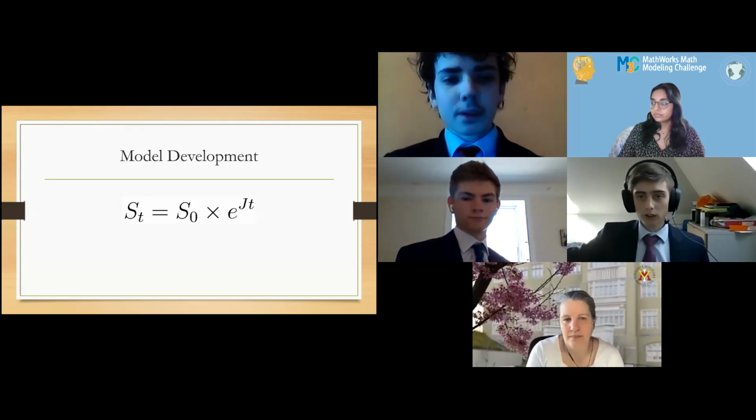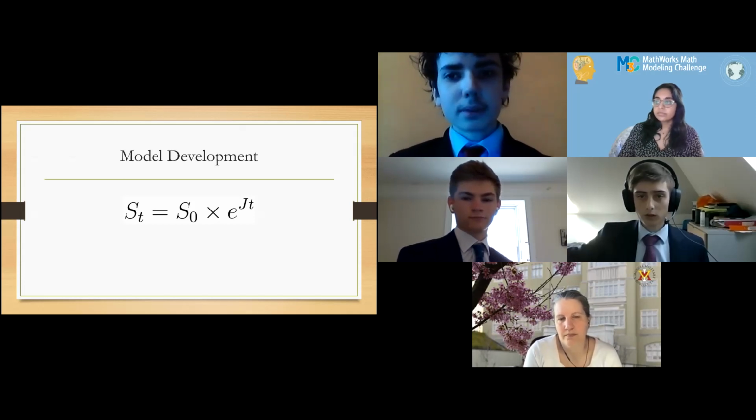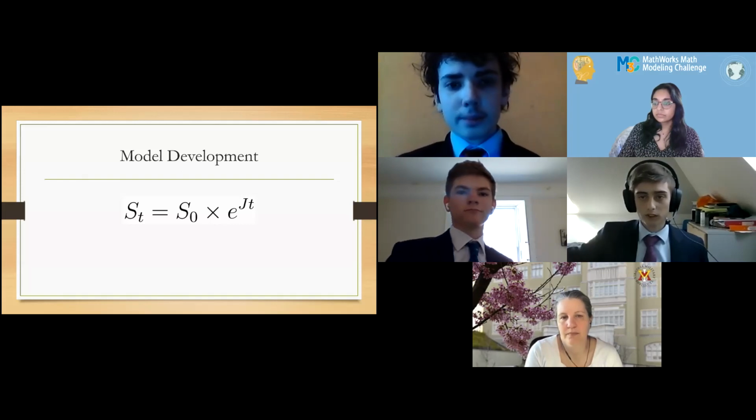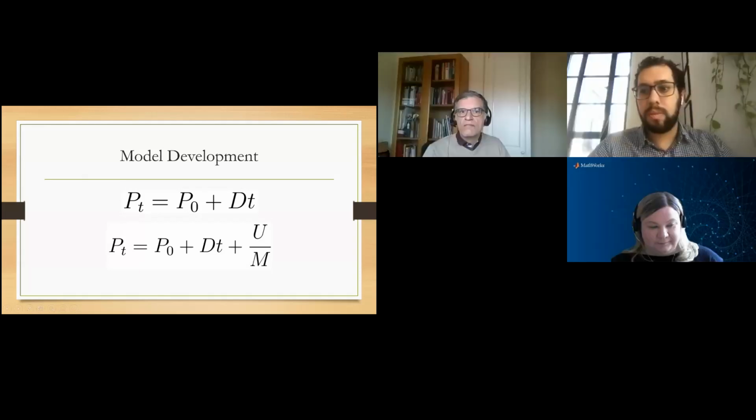Using the data provided, we identified the speed increased at an exponential rate, and we used a data analysis tool to find the exponential regression of the internet speed. This led us to the equation S_t equals S_0 multiplied by e to the jt, with j being the rate of increase of internet speed, t being the number of years into the future, and S_0 being the speed of internet at the base year.